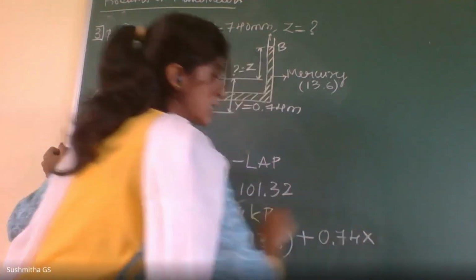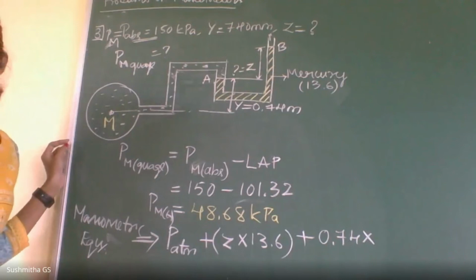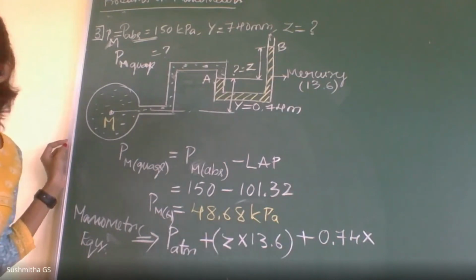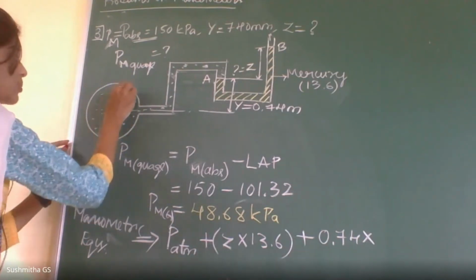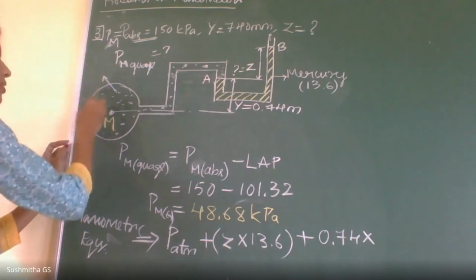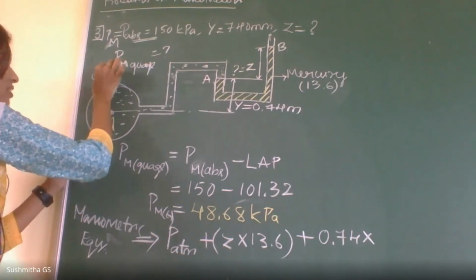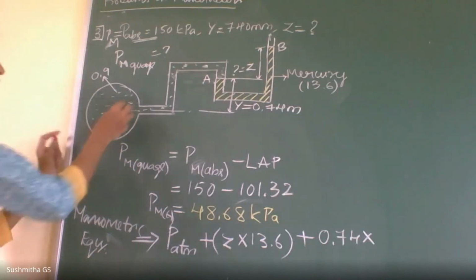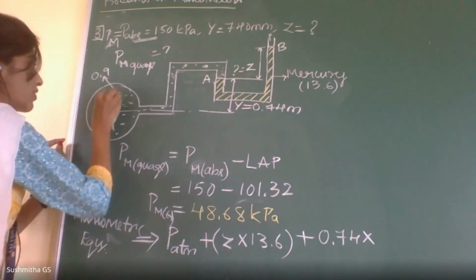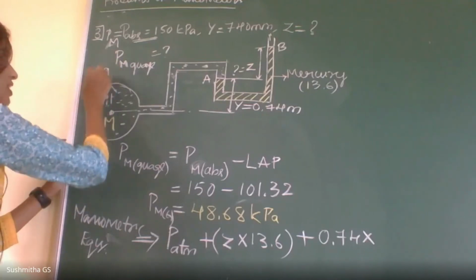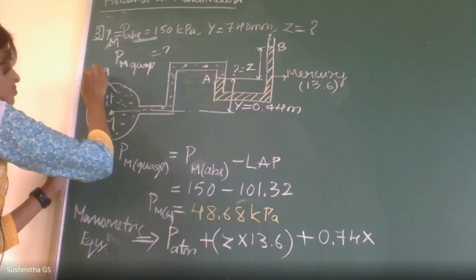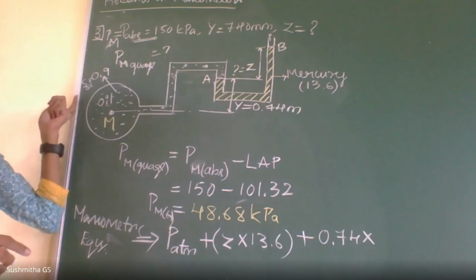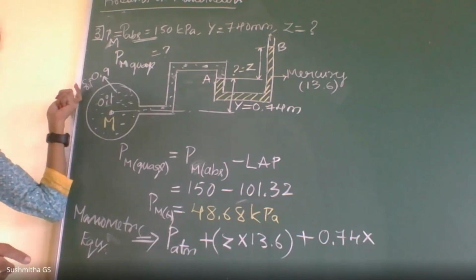So from A it is Y, that is 0.74, into the specific gravity. The specific gravity they have given is 0.9. So note down, this is an oil. The specific gravity of oil is 0.9, given in the problem.